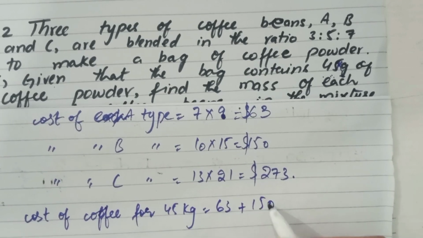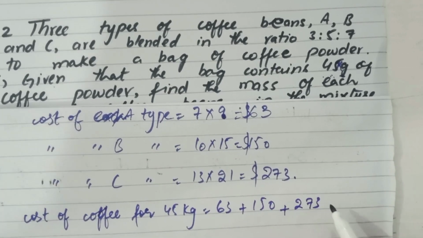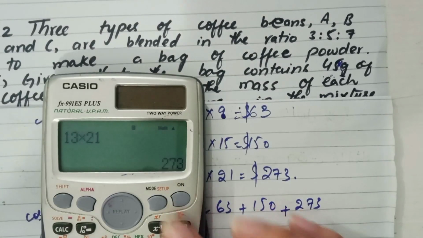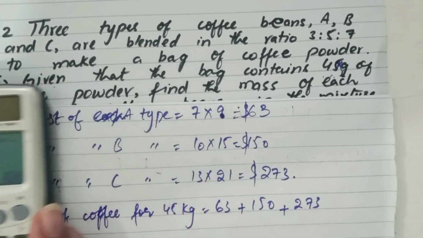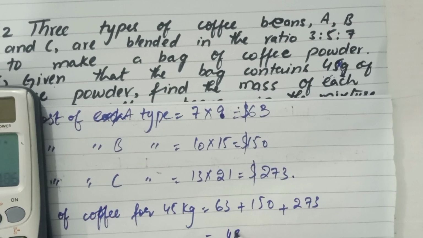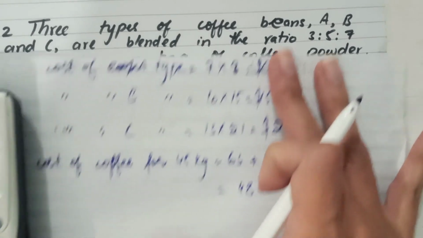63 plus 150 and 273. We have to add this. 273 plus 150 plus 63, we get 486.